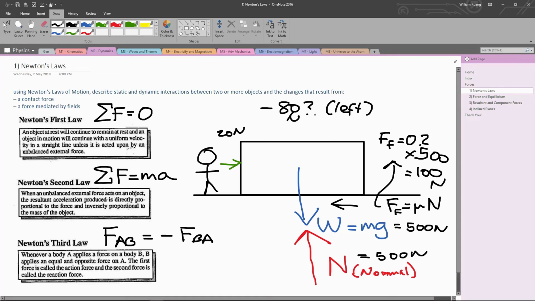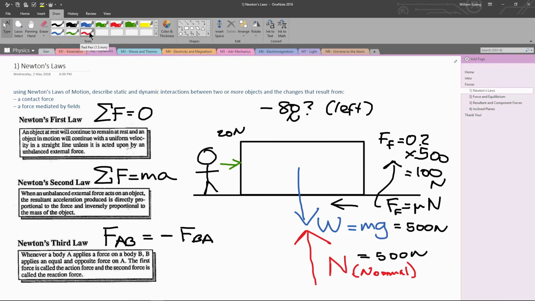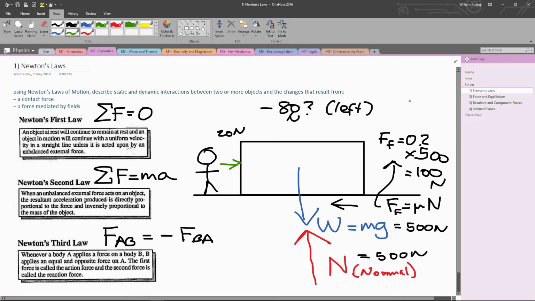What's wrong is that friction is a maximum value. So when we calculate friction like this, we're actually saying this is the maximum possible value that friction for these objects can act as. So I'm just going to put a comment here in green: this is the maximum value you can have.